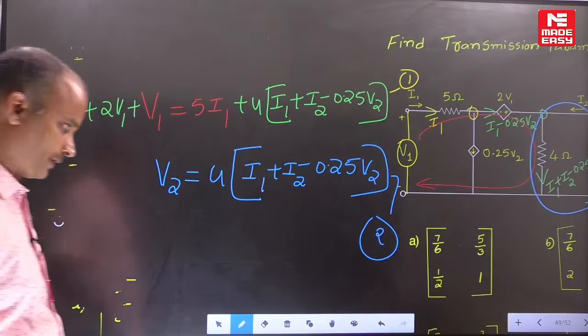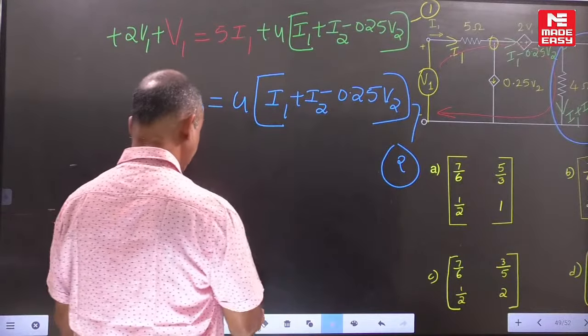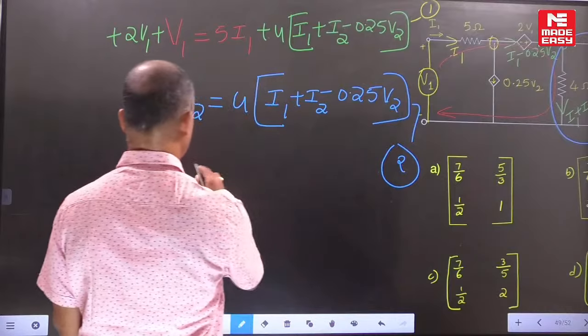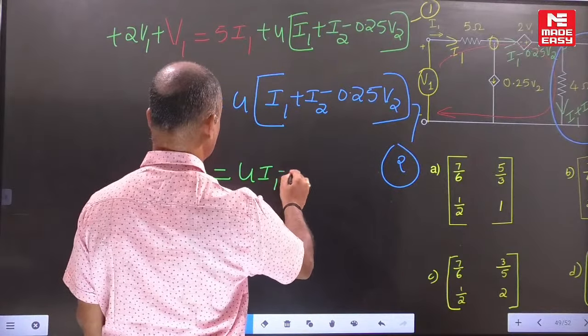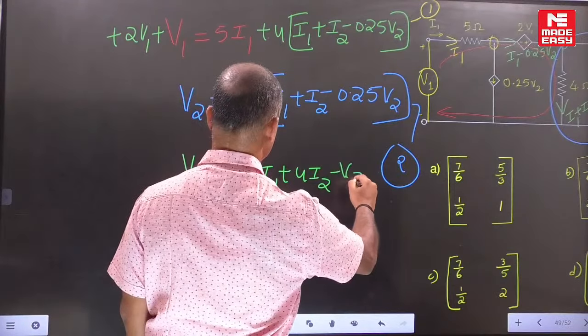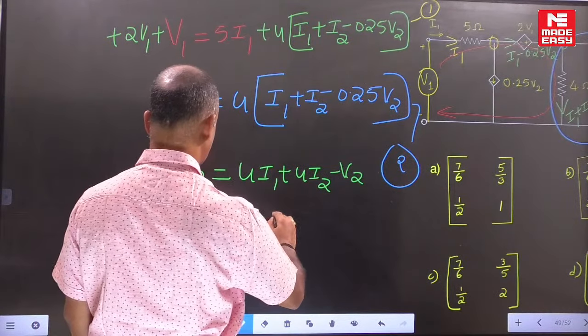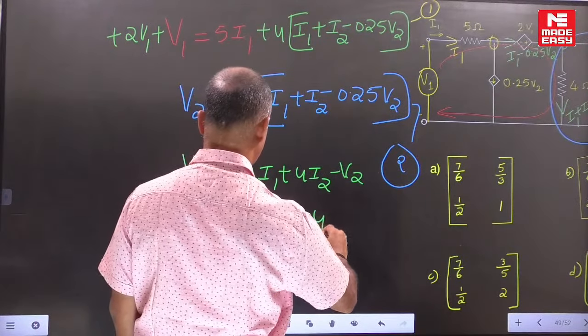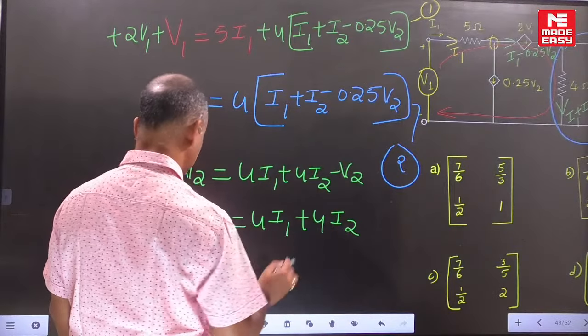Getting it now? Okay. Coming to equation 2, if you simplify, V2 equals 4I1 plus 4I2, and whatever remains is V2. From this, can you separate the I1 expression?